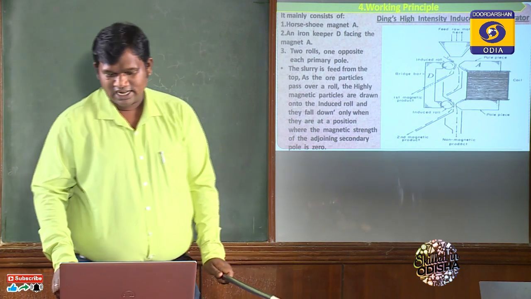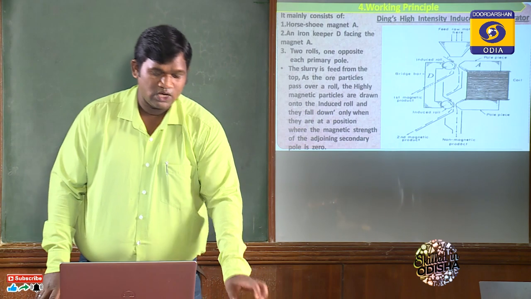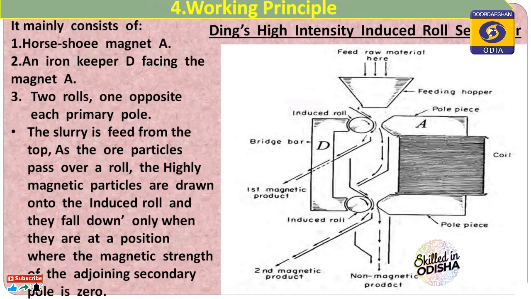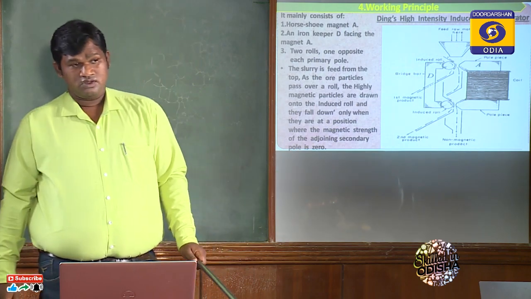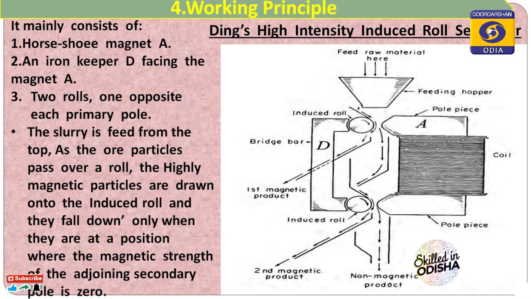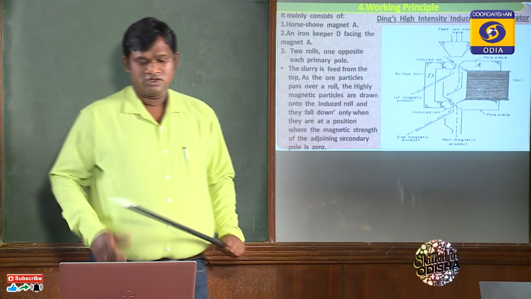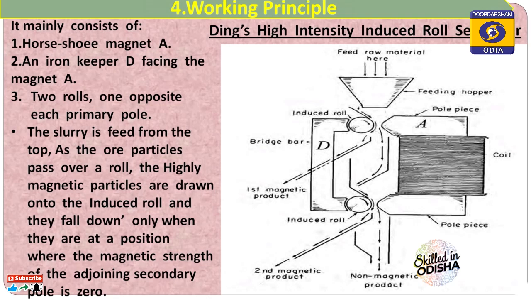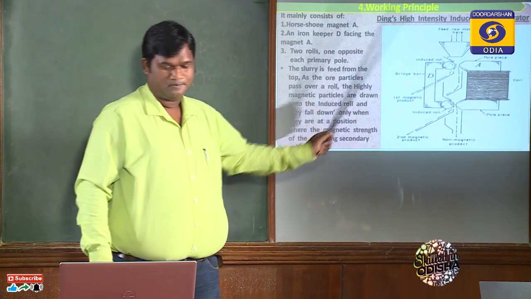So this is basically the Ding's high intensity induced roller. It consists of a horseshoe magnet, that is A, and an iron keeper D facing the magnet A. This is the iron keeper or bridge bar facing A. There are two rolls, one opposite each pole.